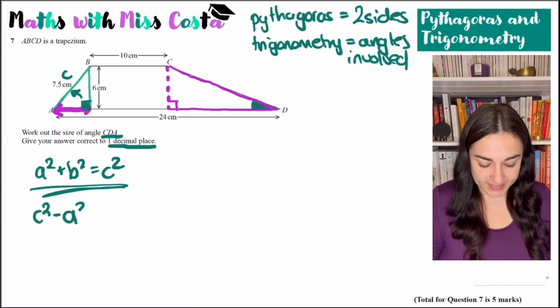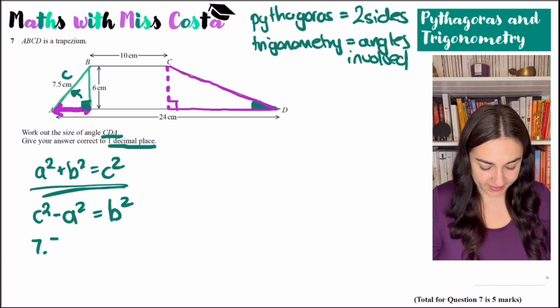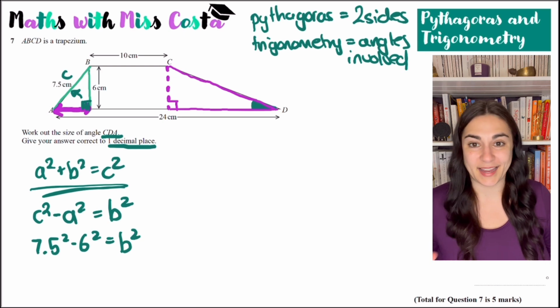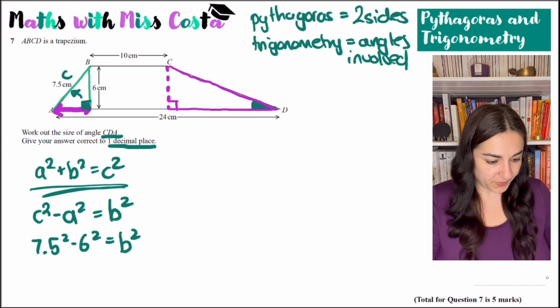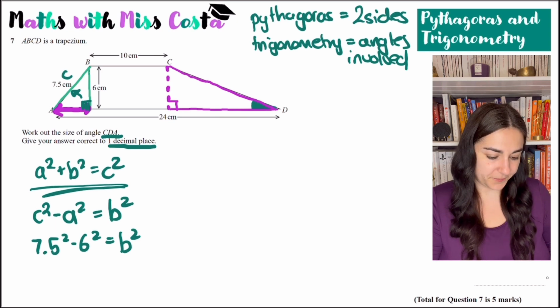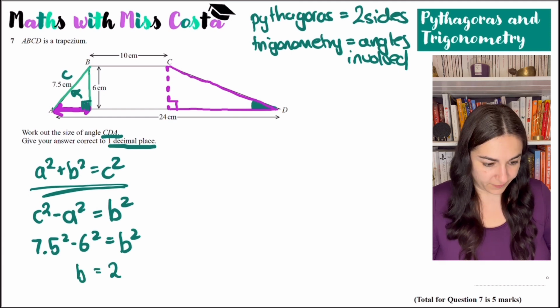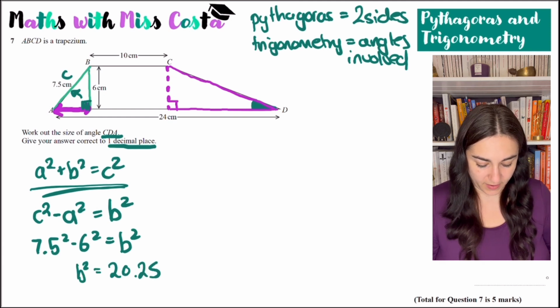So c squared take away a squared must equal b squared. I can substitute that in. So 7.5 squared take away 6 squared is going to give me b squared. And remember, the sides a and b don't matter, they're both just the shorter sides. So 7.5 squared take 6 squared gives me a value of 20.25.